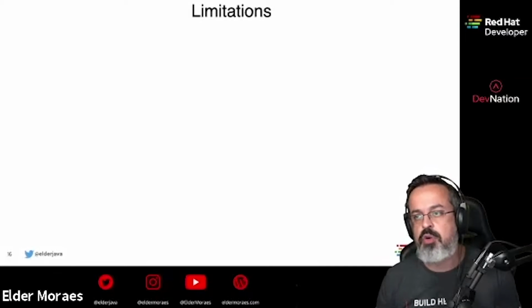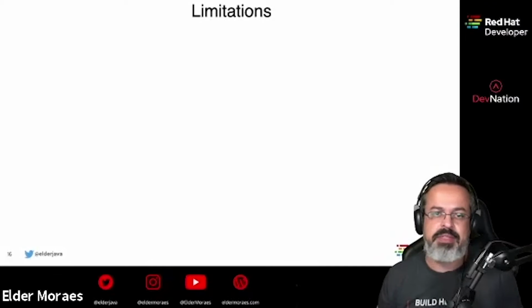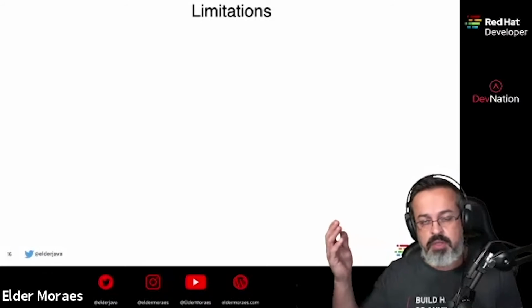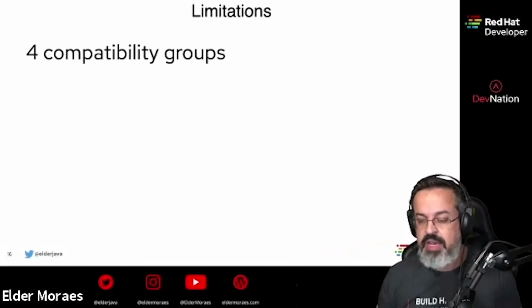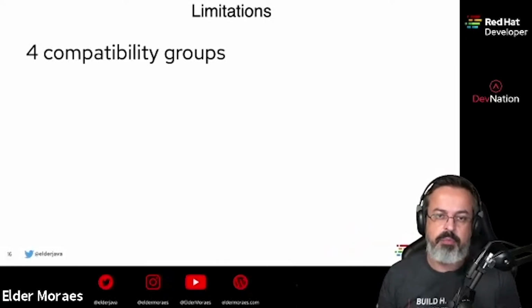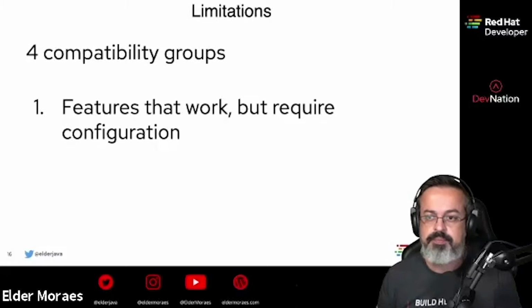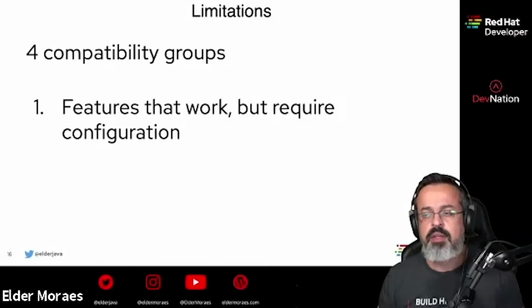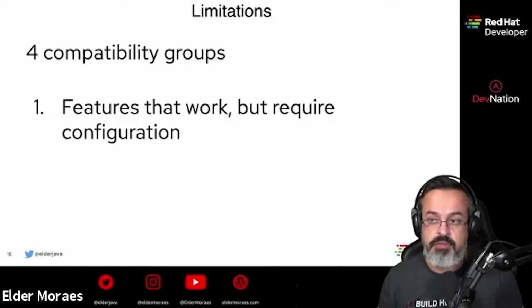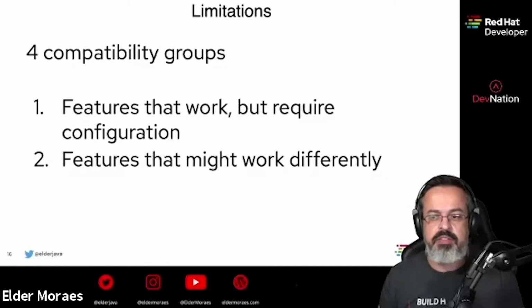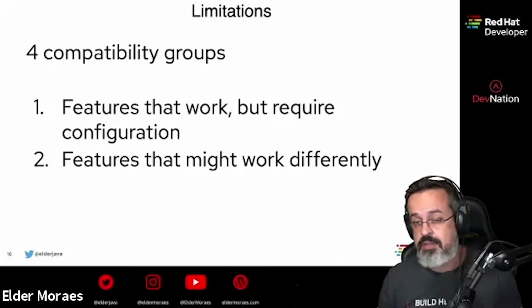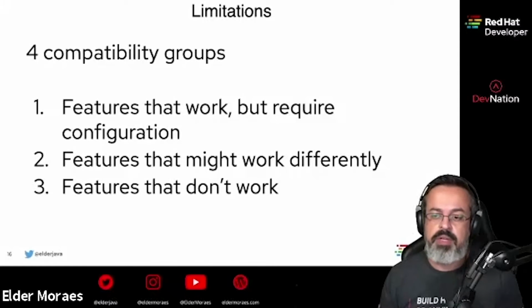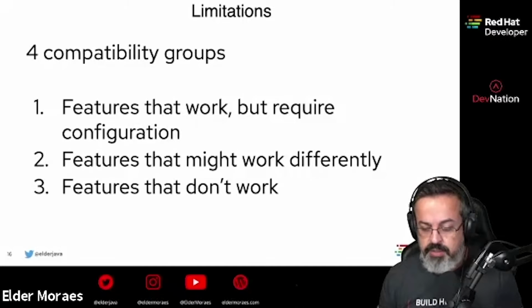When we think about limitations, we think about compatibility, and we have four groups of compatibility that we will cover today. The first group is features that work but require configuration. The second one is features that might work differently. The third one is features that don't work.